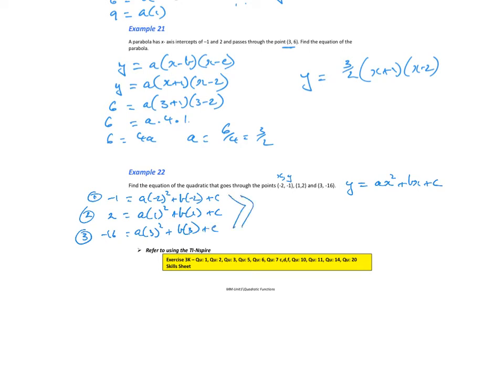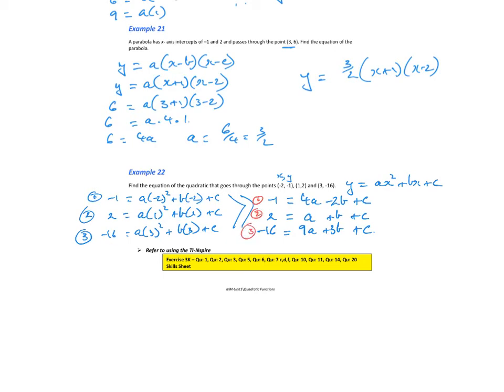So all of these give me 3 equations. I get -1 is equal to 4a minus 2b plus c. 2 is equal to a plus b plus c. And -16 is equal to 9a plus 3b plus c. So there's my 3 equations.